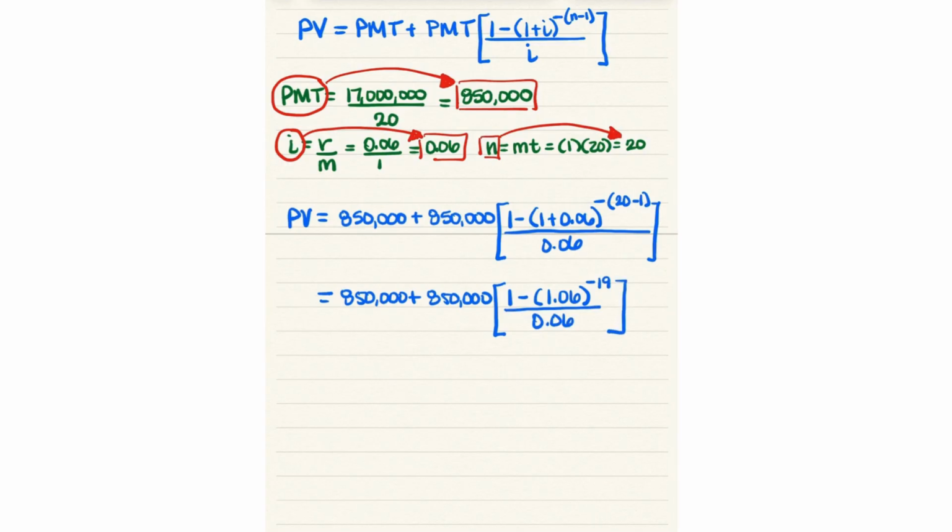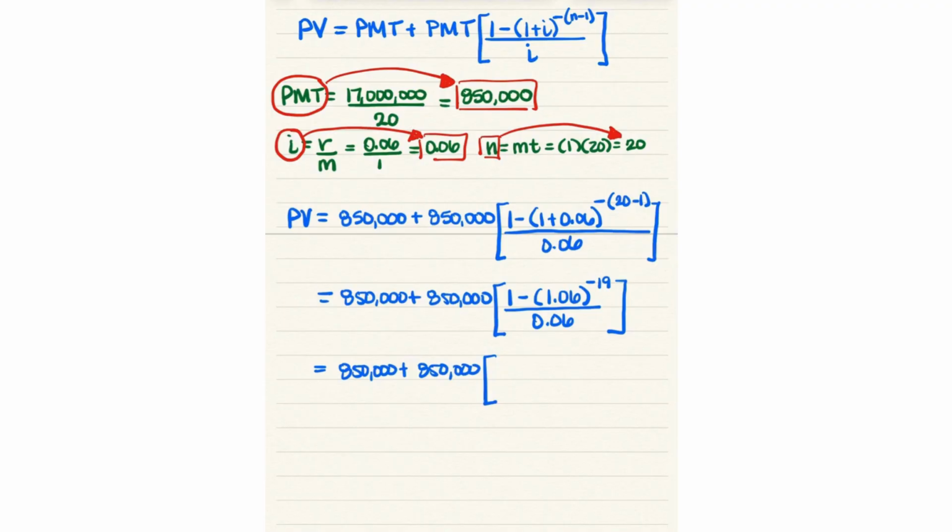Do you see what I did there? I did this first, which was negative 19, and then the minus 1. So now in your calculator, you're going to do this part.